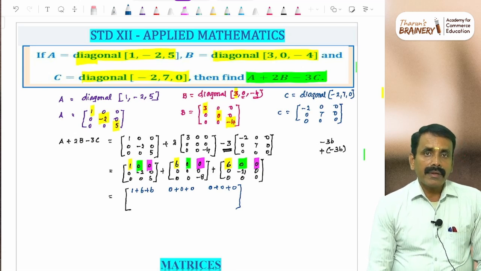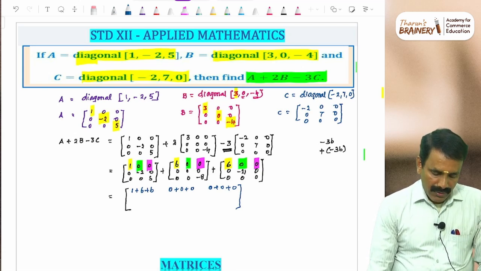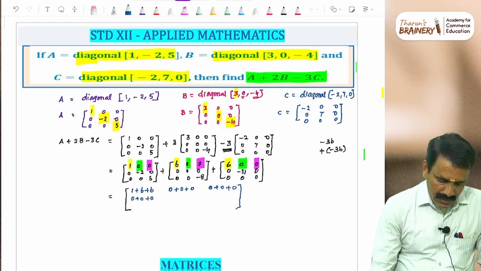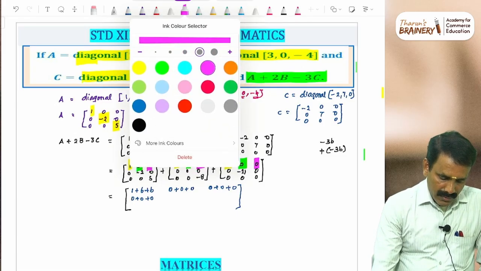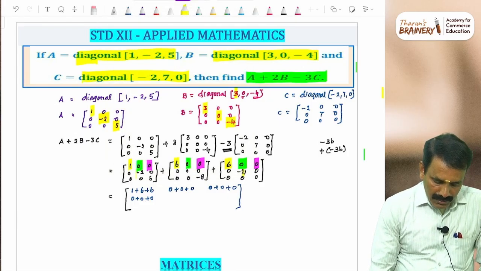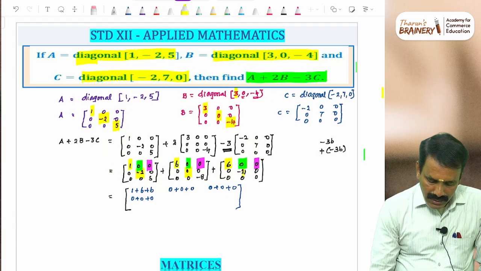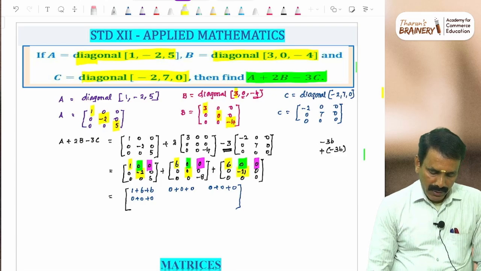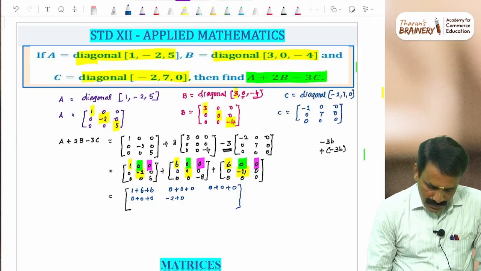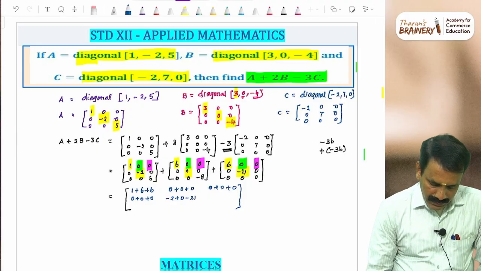Now we are going to add the second row corresponding elements. So it is going to be 0 plus 0 plus 0. The second row, second element is going to be minus 2, 0, minus 21. It is minus 2 plus 0 minus 21.